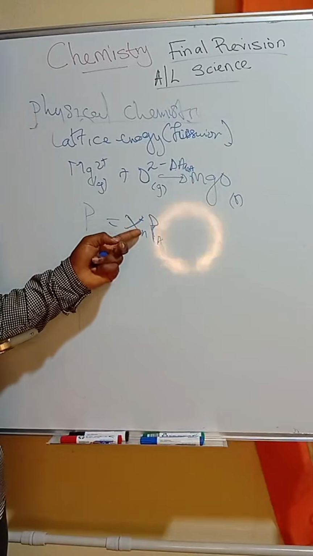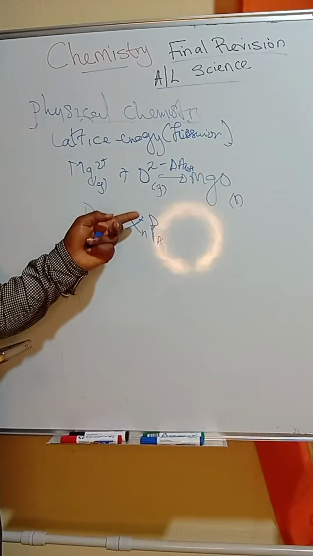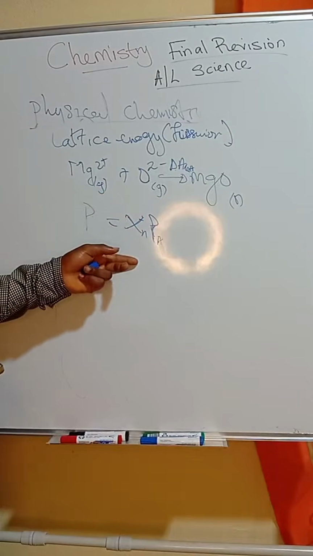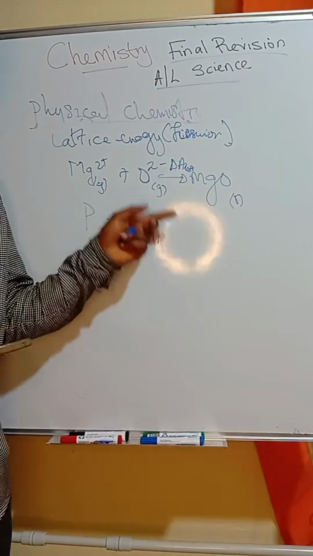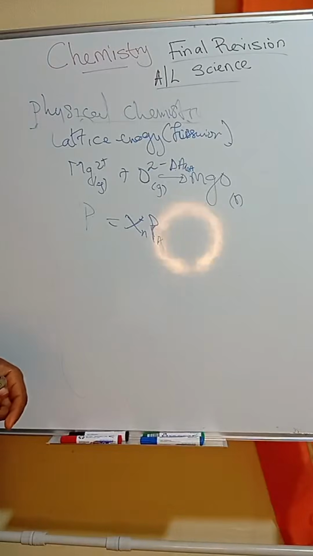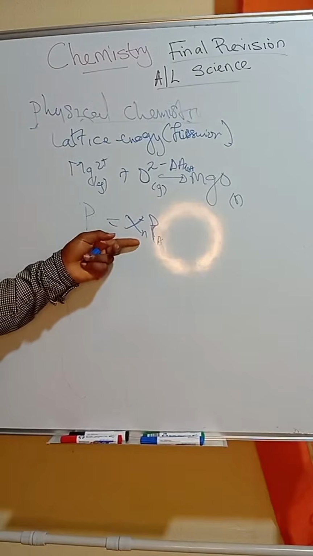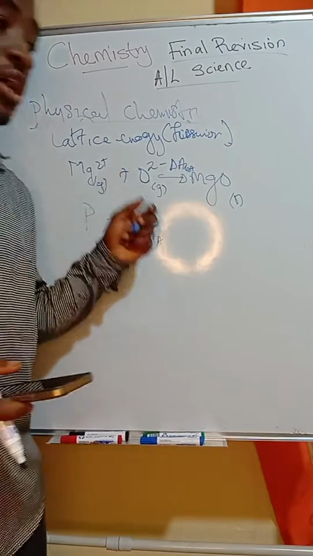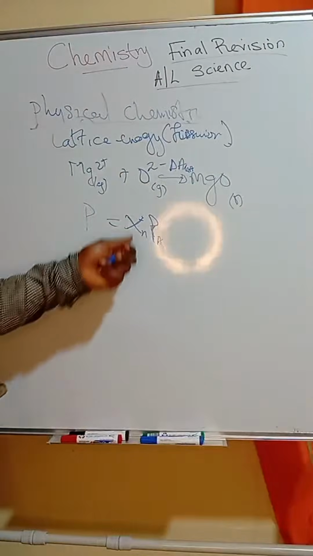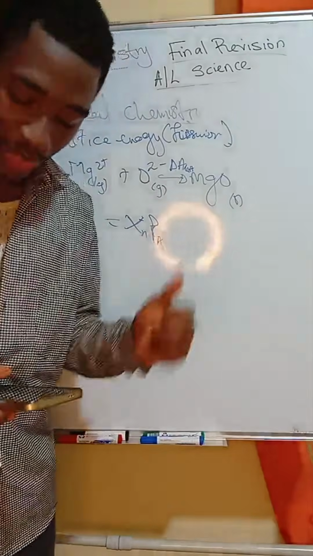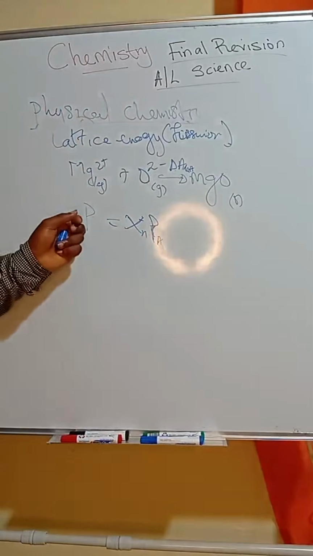So the partial pressure in an ideal solution is directly proportional to its mole fraction, multiplied by its pure pressure. That is just Raoult's law, and that is what I've put on the board.